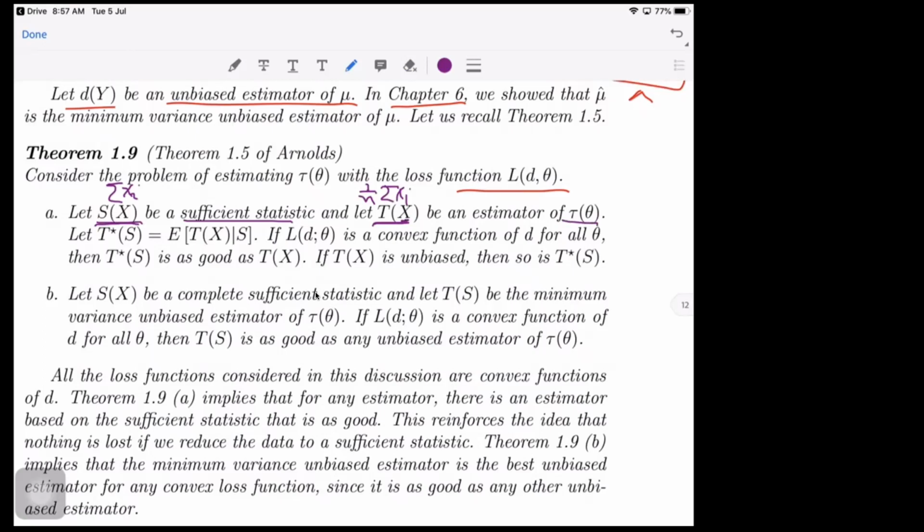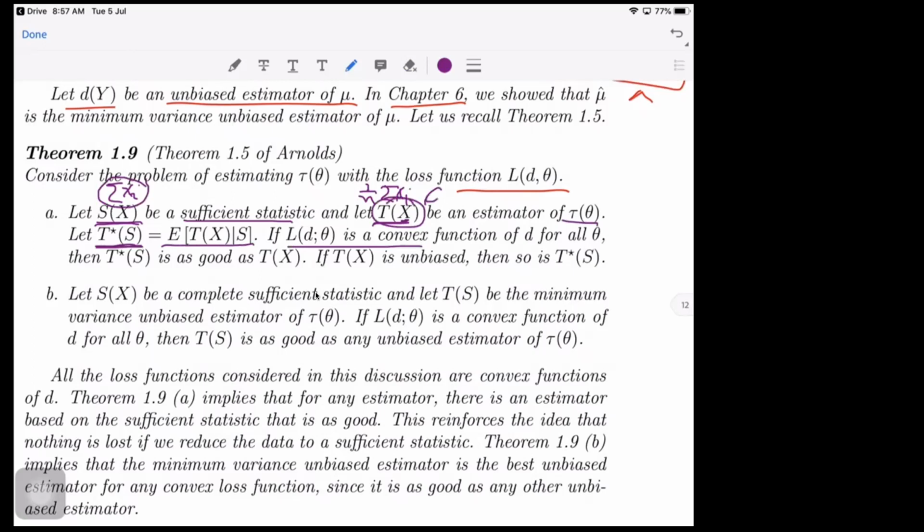So if you can have another statistic t star of s, a function of a sufficient statistic, and it is just equal to the expectation of this estimator, that is, t star is equal to the expectation of this estimator given s.